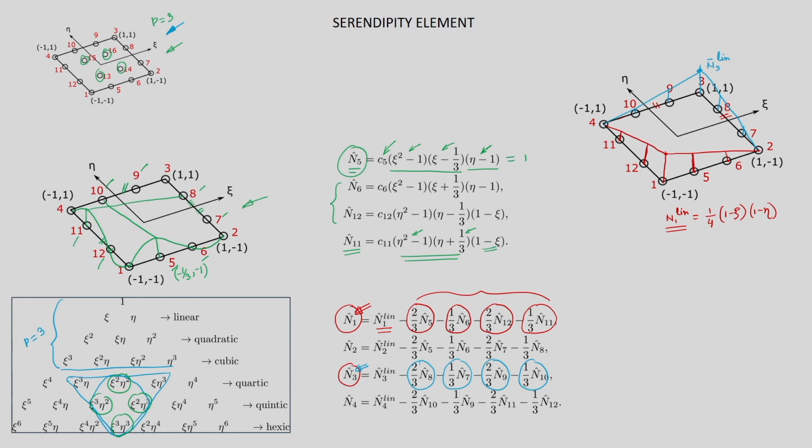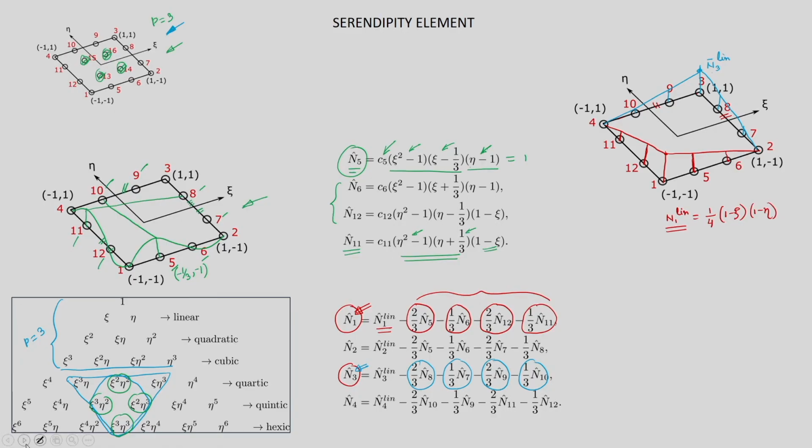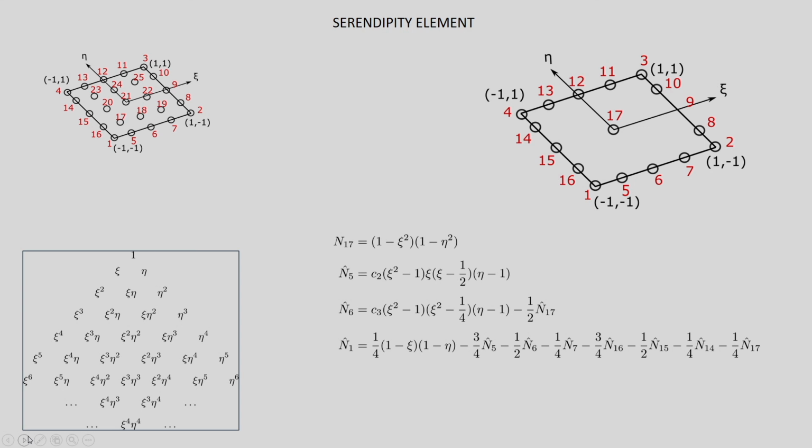Actually this is because we avoided these 4 internal nodes. Now this way if we continue, we will see that for p equal to 4 we cannot totally avoid the internal node. So let us have a look for p equal to 4.